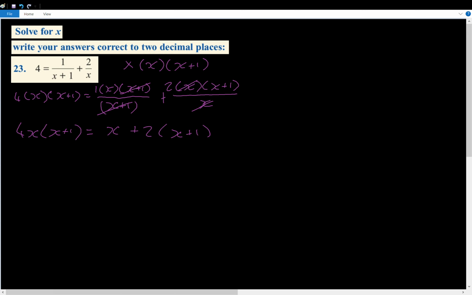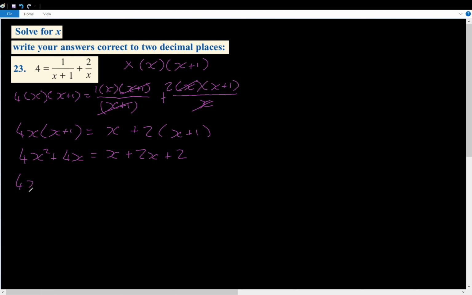Now we're going to multiply out our brackets, so we get 4x squared plus 4x is equal to x plus 2x plus 2. And then in order to form a quadratic properly, we're going to bring everything from the right hand side of our equals all the way over to the left.